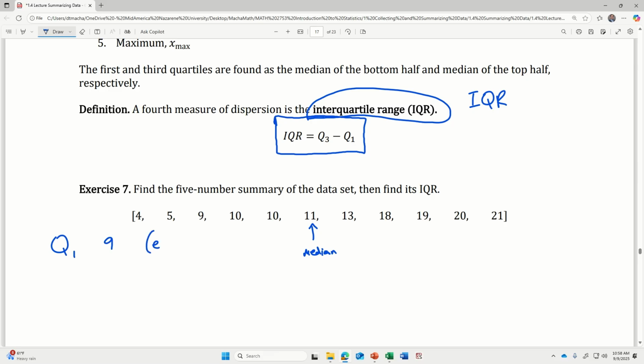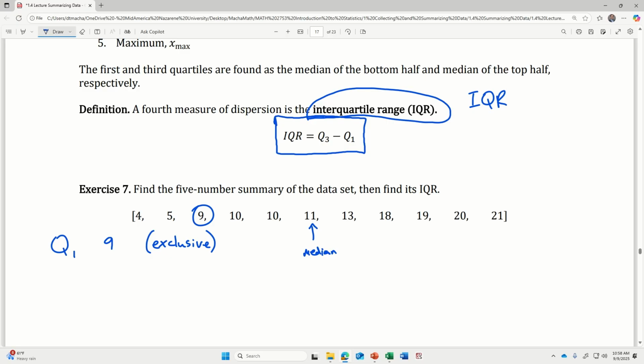And I'm doing this on an exclusive basis. Remember we talked about the difference between inclusive and exclusive quartiles? To get the 1st quartile, you just look at all the numbers that are less than the median. And then you take the middle of those. It's kind of like the median of the bottom half.